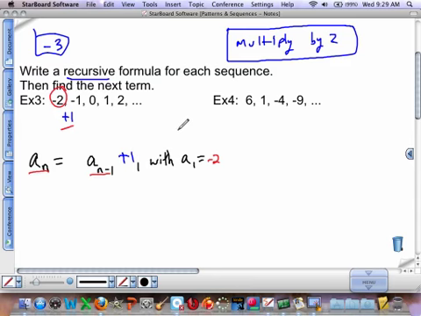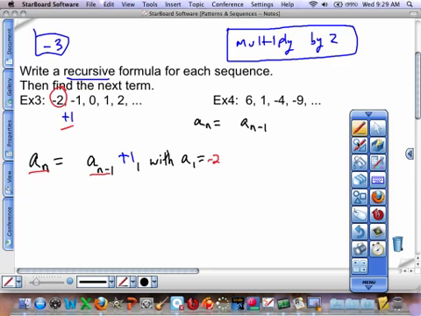We'll put this in black. So a sub n equals a sub n minus 1. I'm leaving a space in case we need to throw a coefficient in there. Alright? Now, how much am I increasing by every time? You're decreasing. Decreasing by what? By 5. So that's a minus 5.